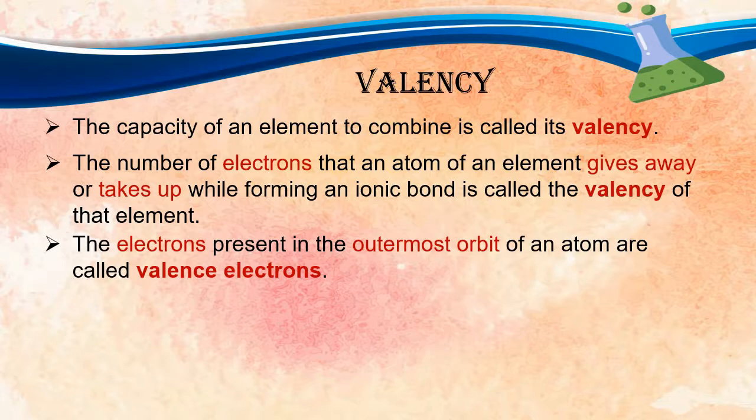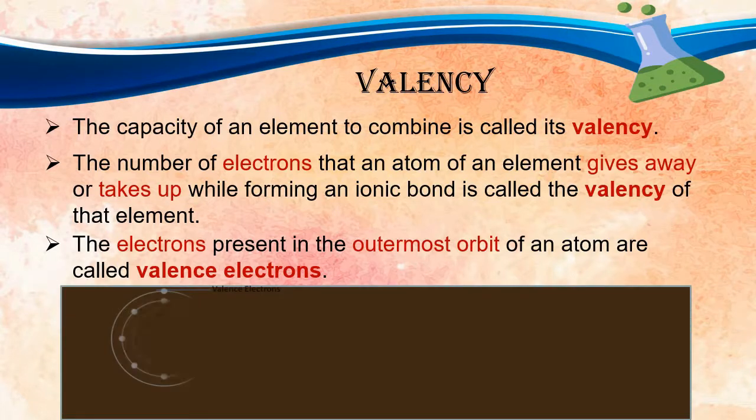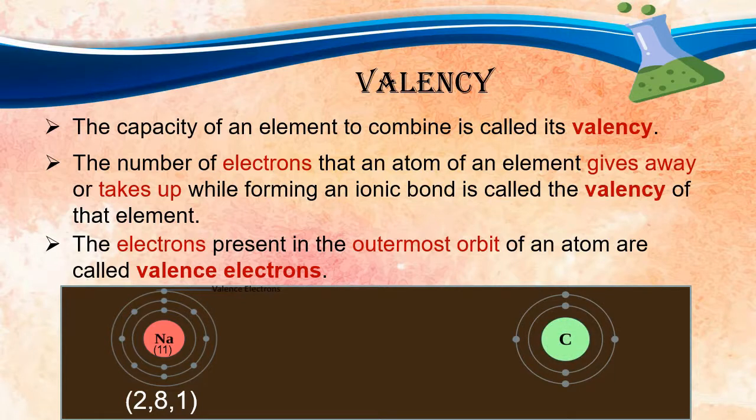Let us see some examples. Just now we have seen that atomic number of sodium is 11 and its electron configuration is 2, 8, 1. Atomic number of carbon is 6 and its electron configuration is 2, 4.